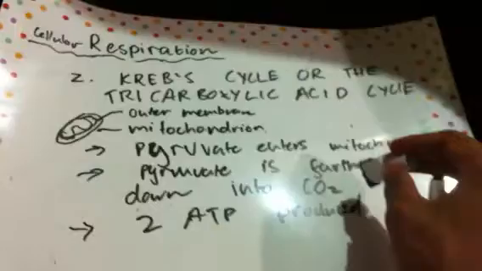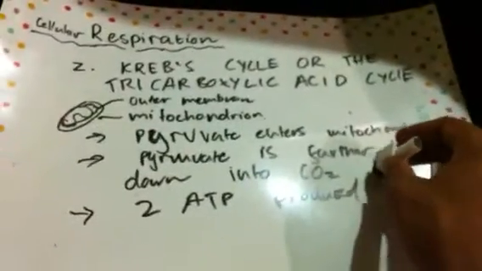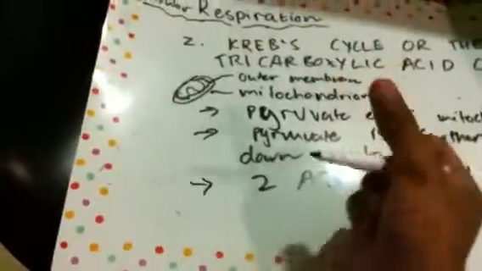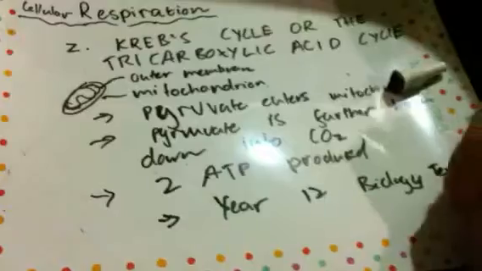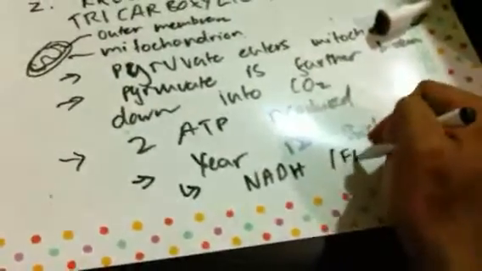I recommend some further reading for those of you who want to take it a bit further, go into carrier molecules and the such. I recommend reading the Year 12 biology textbook. It'll go into detail about NADH molecules, FAD, and for all of you hardcore chemists, you can even go into even more detailed steps.